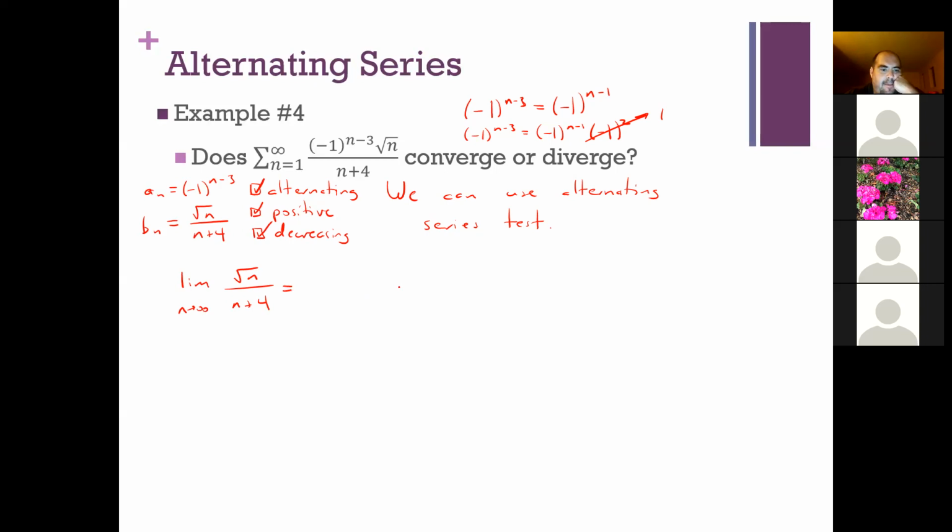So how do I evaluate that? Isn't it that because there's a higher power of n in the denominator, it would approach 0?